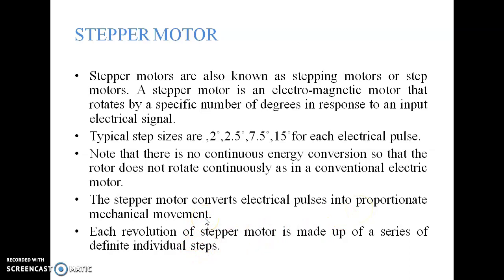By taking the electrical input signal, this motor converts it to mechanical power. It gives us movement, rotations. Each revolution of a stepper motor is made of a series of definite individual steps. So with a definite step, the stepper motor rotates.